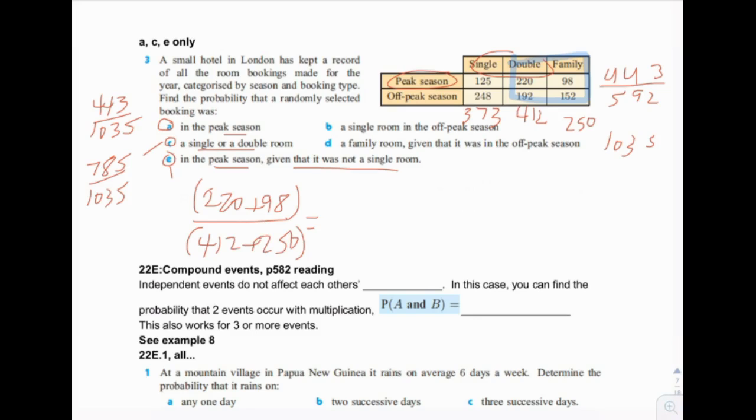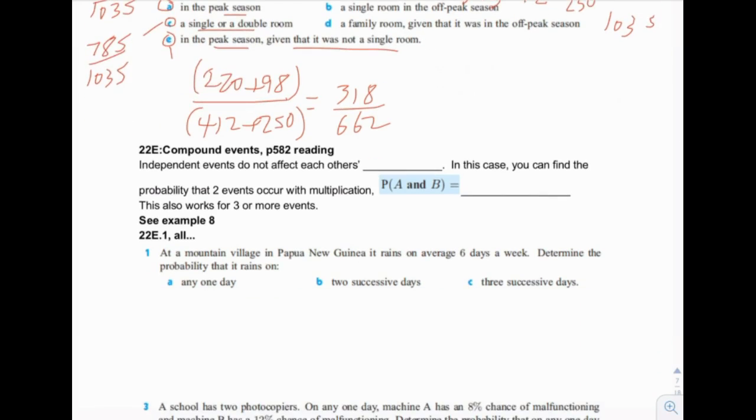So we'll total these up. 220 plus 98 is 318, and then 412 plus 250 is 662. Okay, so that was E.